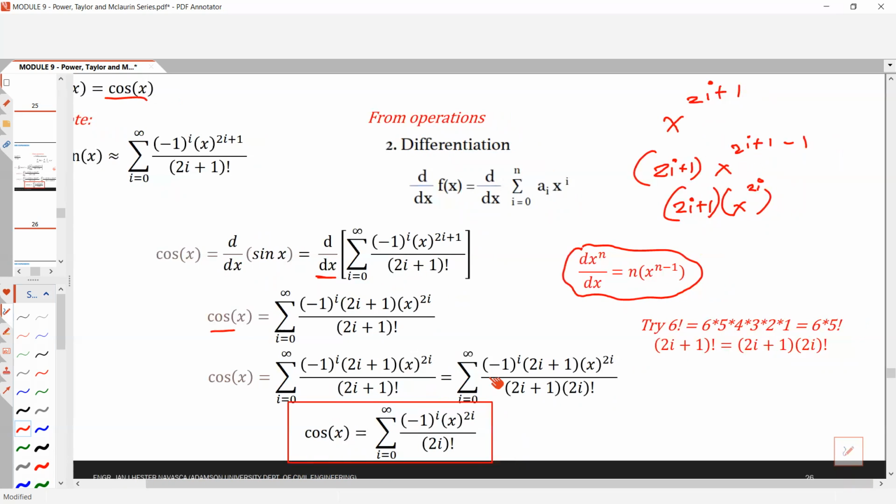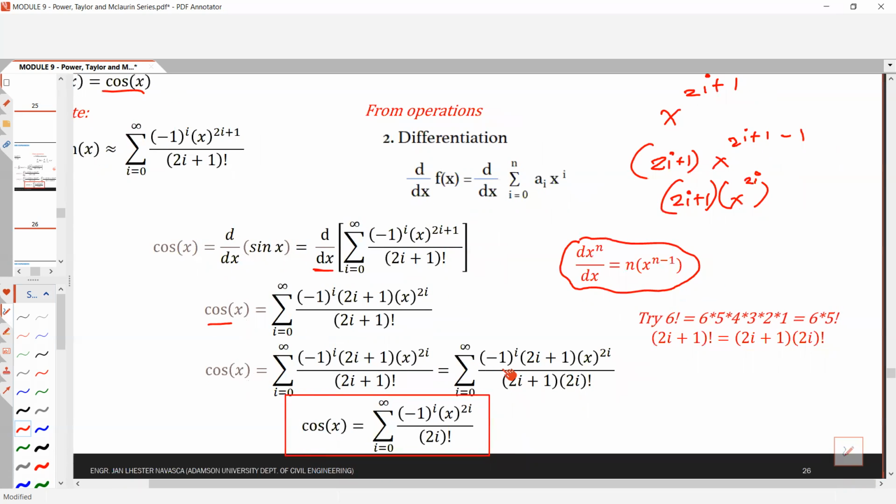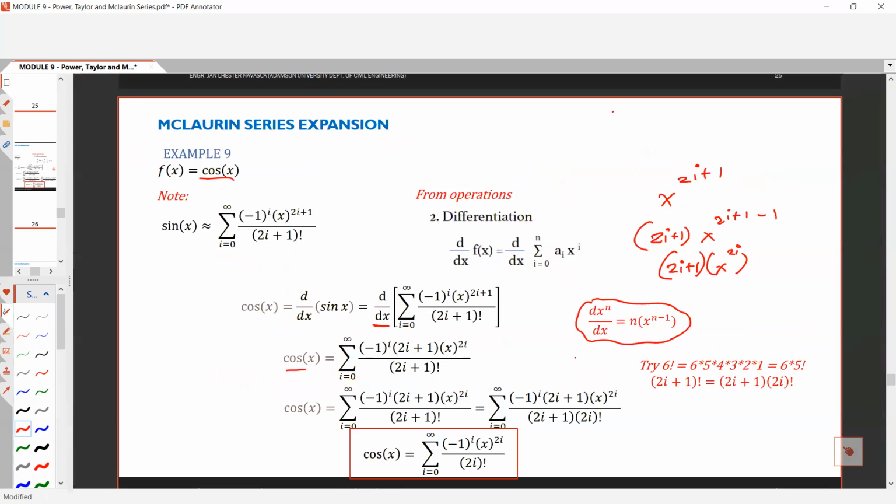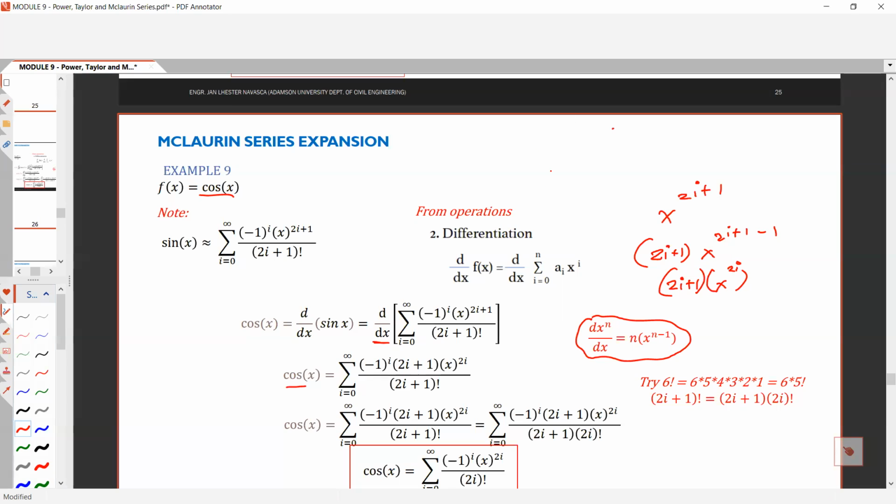i-rewrite as this one. So, negative 1 raised to i, 2i plus 1 x raised to 2i over 2i plus 1 times 2i factorial. So bakit ako nag 2i plus 1 factorial dito? Okay. Para ma-cancel ko yung 2i plus 1. Gusto ko na ma-cancel to eh. Medyo mahaba yung numerator. So paano ko ba maka-cancel yun?